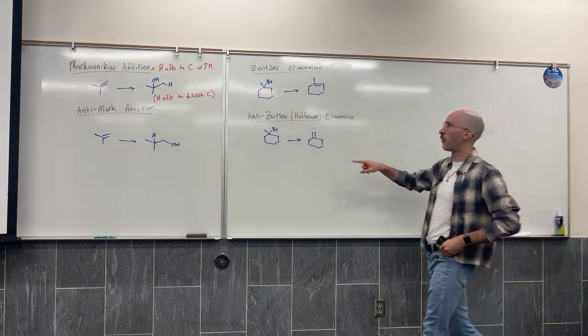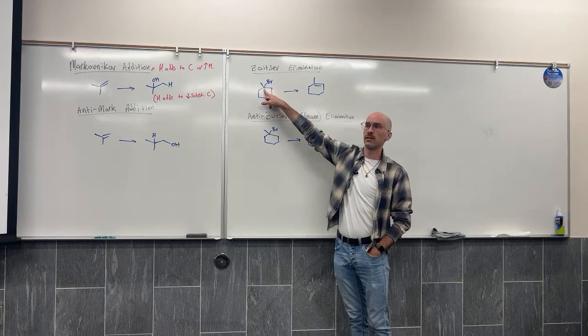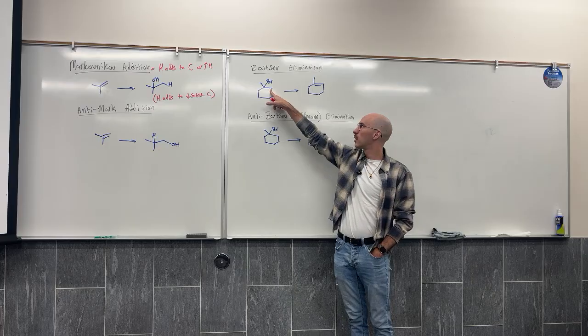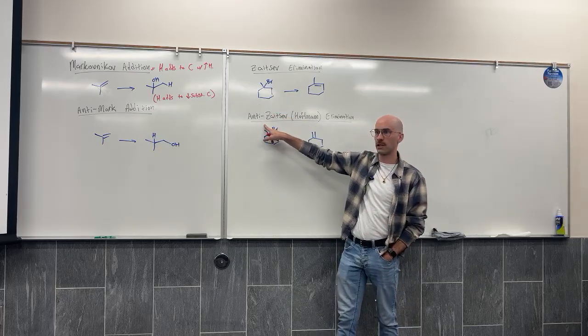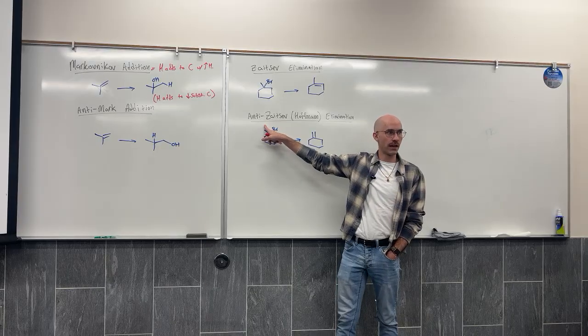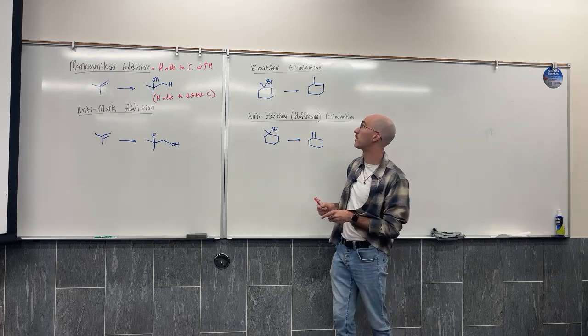Does the pi bond form at the more substituted carbon adjacent to that bromine, or does the alkene form at the less substituted carbon adjacent to that bromine? It's a regiochemical difference. More substituted carbon, less substituted carbon.